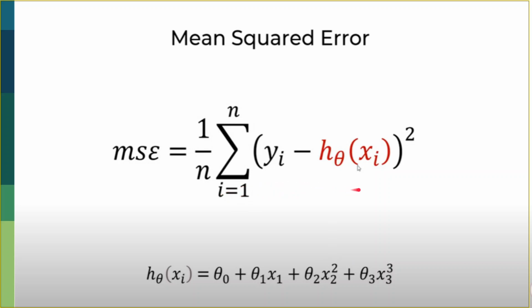So this is the formula to calculate MSE, and the term in red here is actually y predicted, which can be expanded like this. Now this is the higher order equation, and in it x1, x2 and x3 are the features. In our case, that is age. This MSE is used in training and we want to minimize this mean squared error.